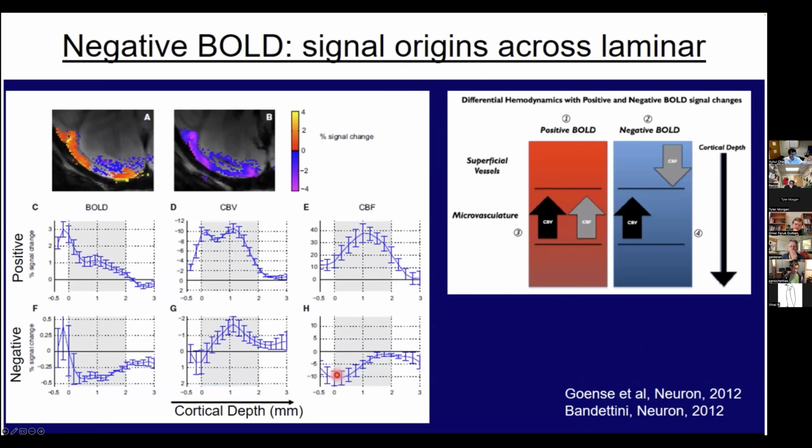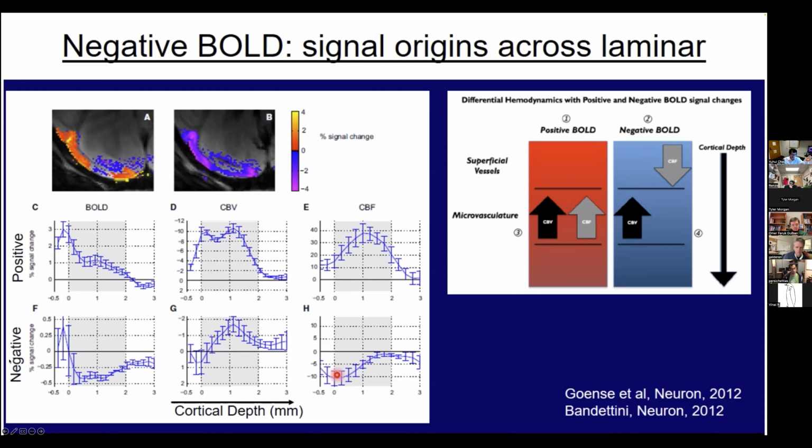If you look into the visual cortex, in the positive activation region, BOLD is positive, CBV is positive, and CBF is also positive. But because of the draining vein effect, BOLD peaks in the superficial layers, while CBV and CBF peak in the middle. And the signals, if you combine them together, will not cancel each other.